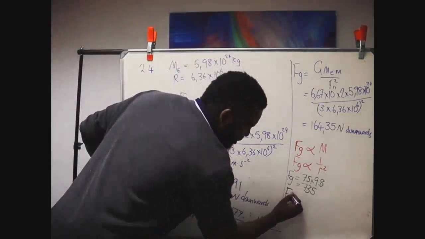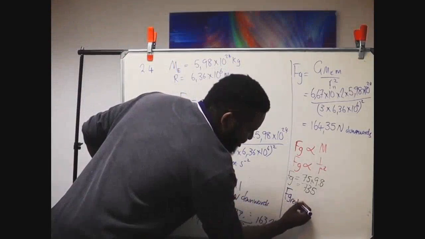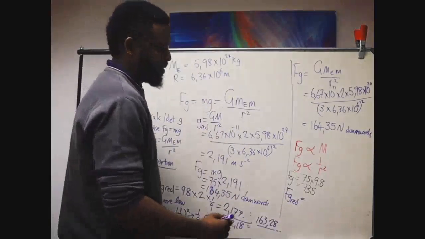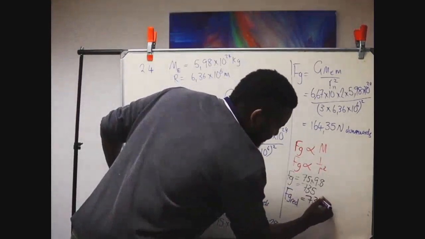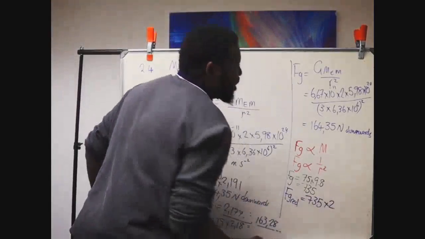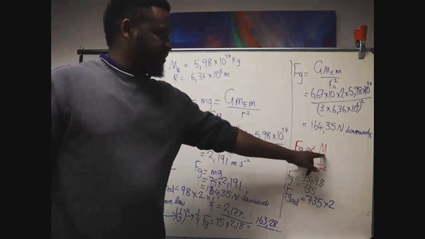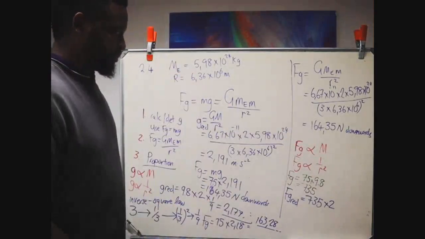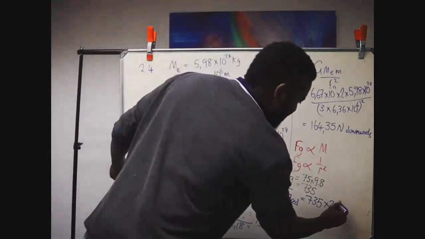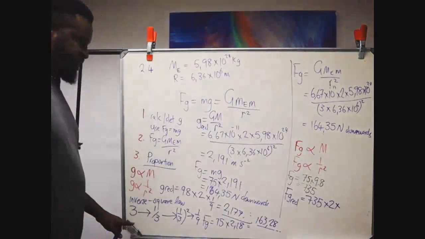So the Fg at this planet is going to be 735 times 2. Why? Because the mass is doubled, and the gravitational force is directly proportional to m. And then the same thing happens with the distance.